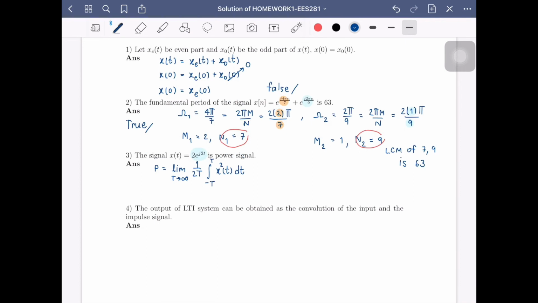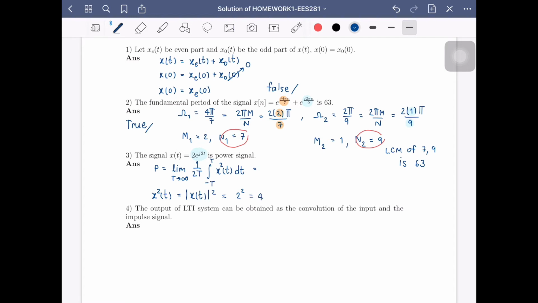Then we have to find |x(t)| squared, which is equal to 2 squared, which equals 4.